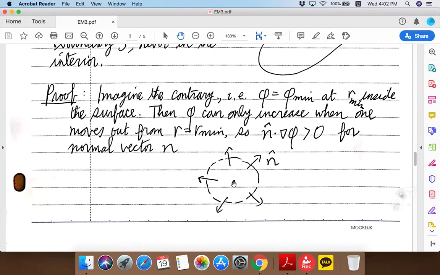Here I have drawn this dot as the location of our minimum, and various arrows indicate possible different choices of the n vector. So this inner product can only be positive if this point happens to give the minimum value of this potential function.